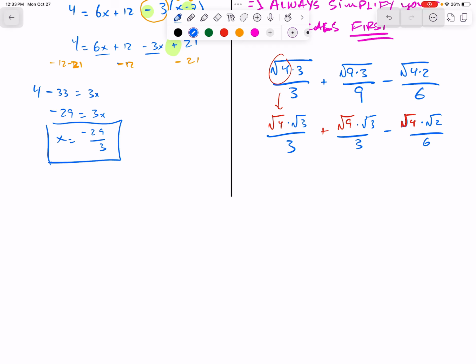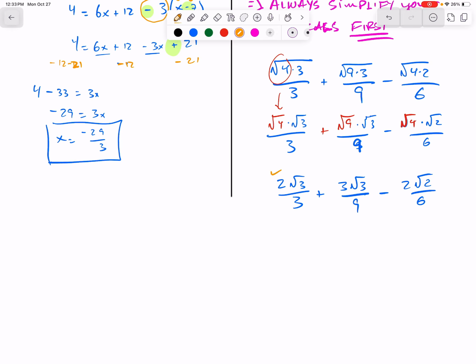Now these things in red, I just want to take the square root of. They're super easy. So this is 2 root 3 over 3 plus 3 root 3 over 9, minus 2 root 2 over 6. And then we can simplify our radicals.